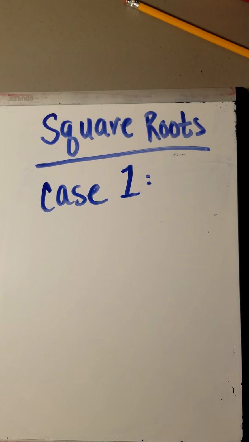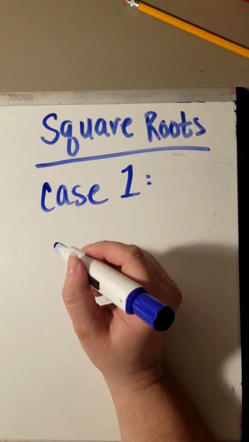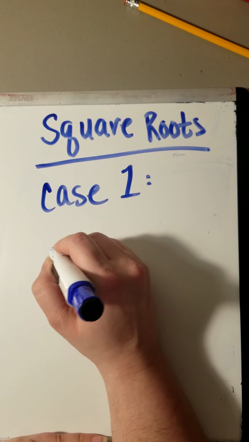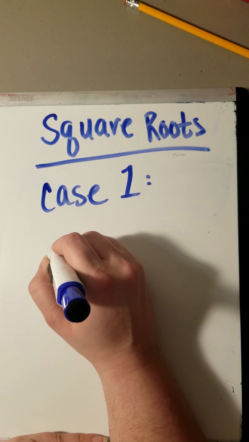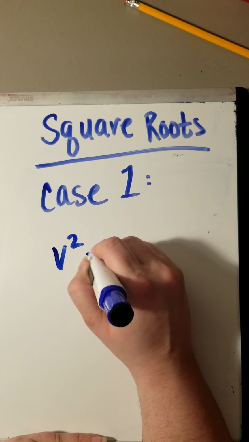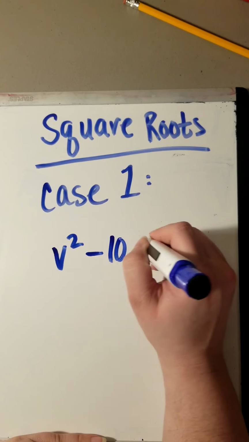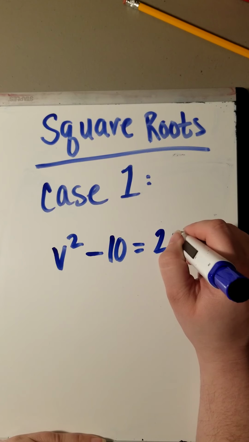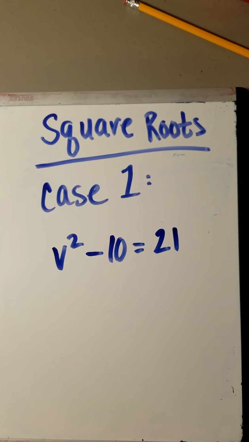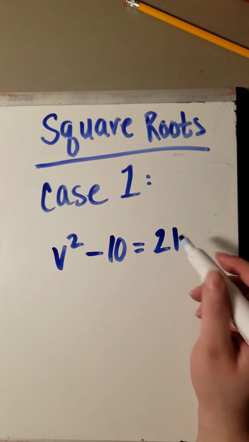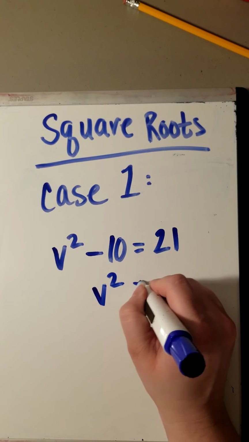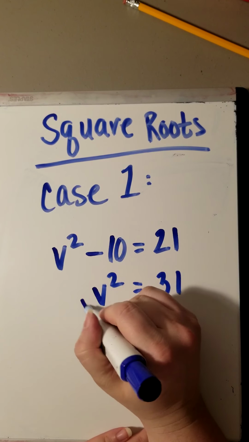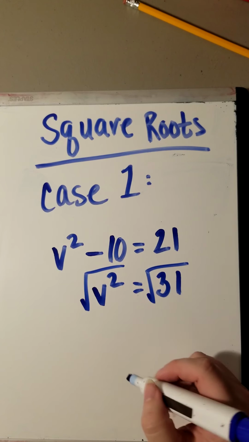First case is you have something where, I don't know, you have maybe v squared minus 10 equals 21, something like that. And you add the 10 to both sides, you get v squared equals 31. And you take the square root of both sides.